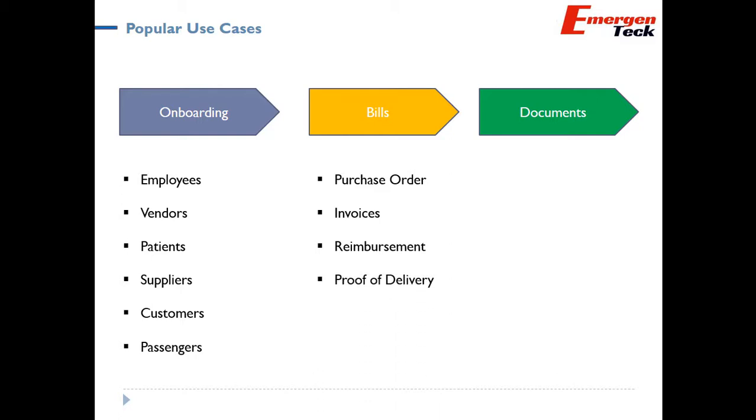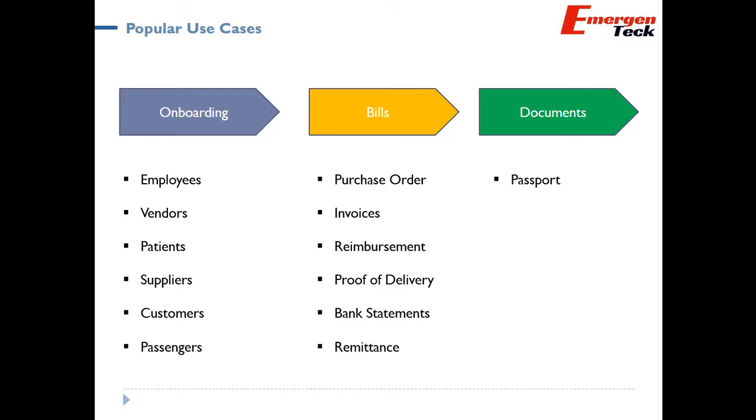It's a very good process to apply OCR to. Proof of delivery typically comes in logistics and supply chain management. Bank statements: there are many chartered accountant firms processing bank statements. And last but not least, remittance documents are shared across multiple organizations between multiple vendors as evidence of payment.